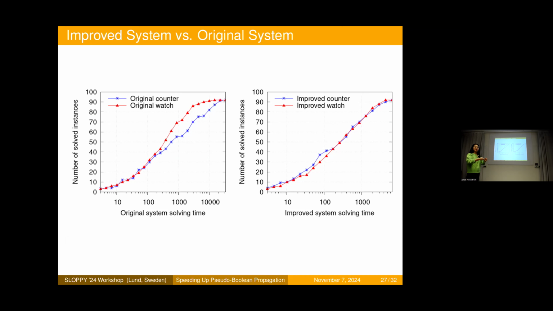We found that after the improvements, the number of loaded constraints for counter is very similar to the watch-based propagation. Okay, so that's why. So the watch lists are kind of similar in length, and that's why they even up. Okay, good. Thank you so much. Very interesting.